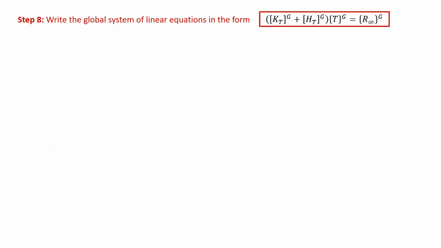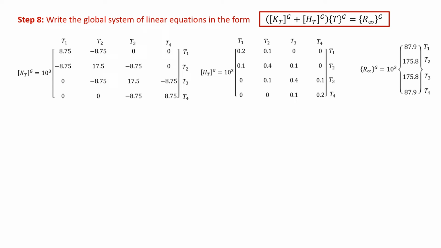Once we have determined all the required matrices as shown, then we can write the global system of linear equations using this formula. To simplify our global system of linear equations, it is better to obtain the summation of K matrix plus the H matrix. We just need to add these two matrices according to their position.